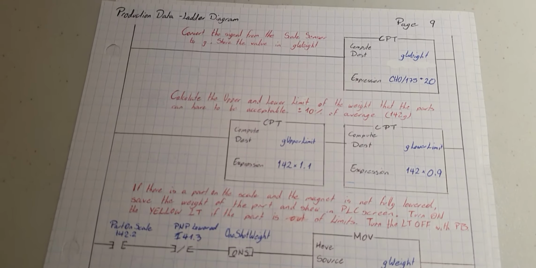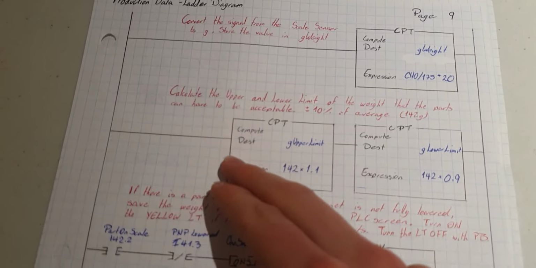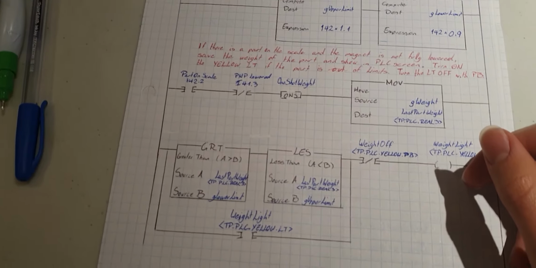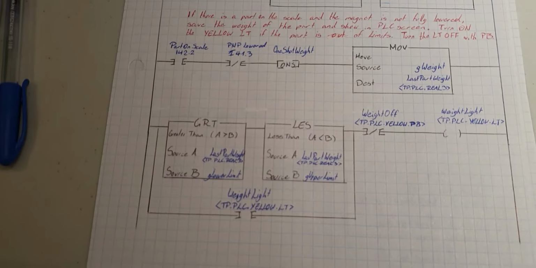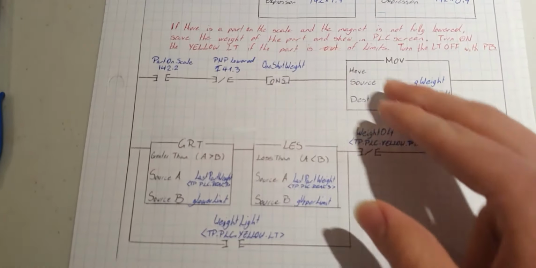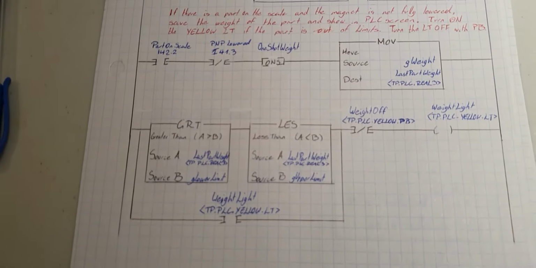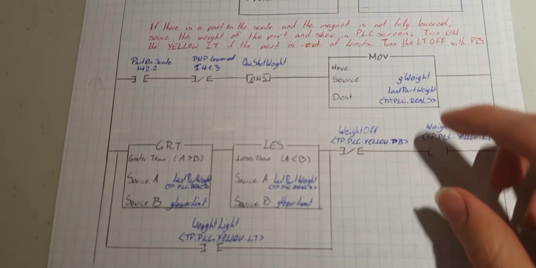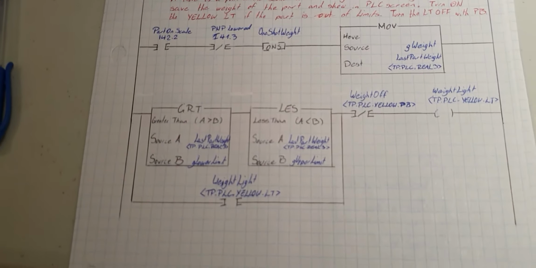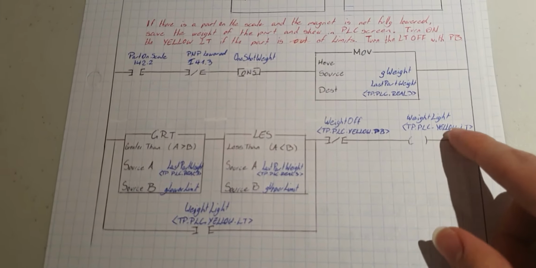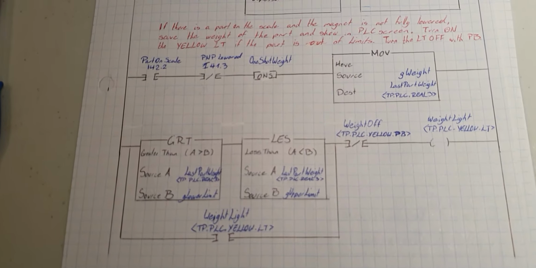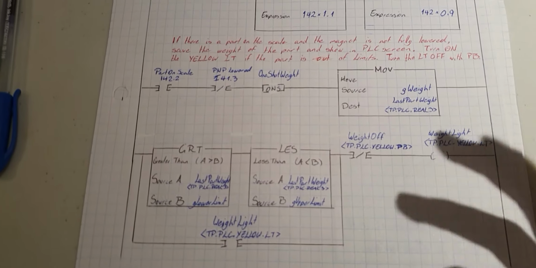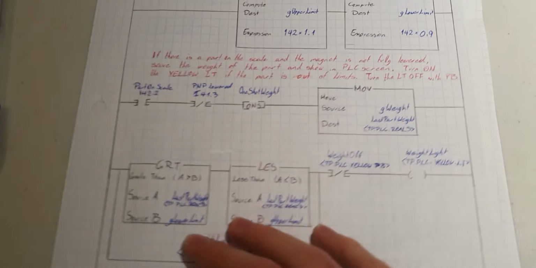Each of them is 10% more for the upper limit and 10% less for the lower limit. Once the part is weighed, you have to show the value on the screen on the real 3. And in the case it's outside the limits, then you turn the yellow light on, and you turn the light off by pushing the yellow push button, which tells the user that you have a problem with that part, that you have to take it off.